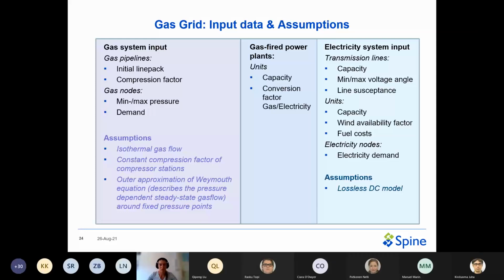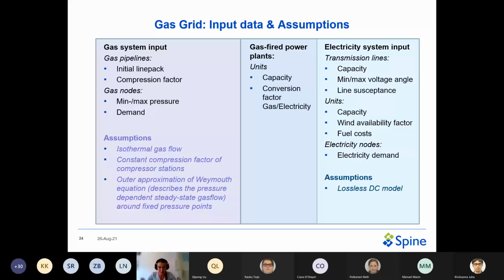And we're assuming that we can approximate the Weymouth equation, which describes the pressure-dependent steady-state gas flow. This equation is non-convex and non-linear, so we're assuming that we can outer approximate it around fixed pressure points. And on the right-hand side, for the electricity system, we assume a lossless DC model.